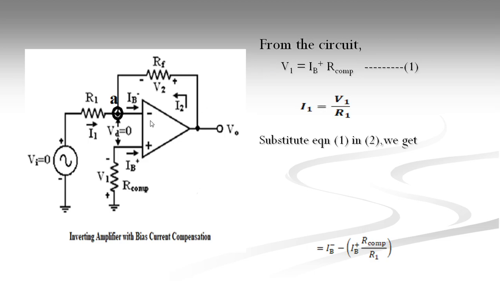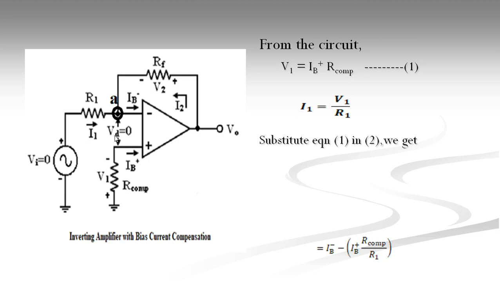From the circuit diagram, first we are going to find the voltage V1. This diagram is familiar from the previous analysis, the same diagram we are taking here. The voltage across our compensation resistor is given by V1. So V1 can be written as IB plus into R compensation. Let us consider that equation number 1. Next, as we already know, the difference between these two voltages is given by VD, the differential voltage.